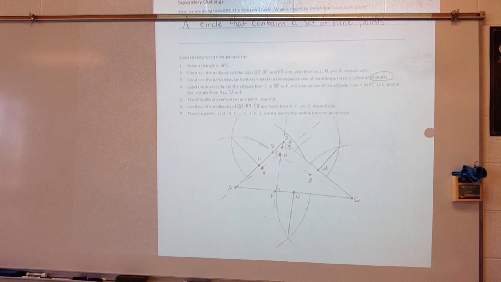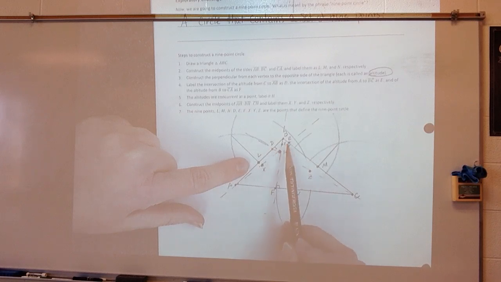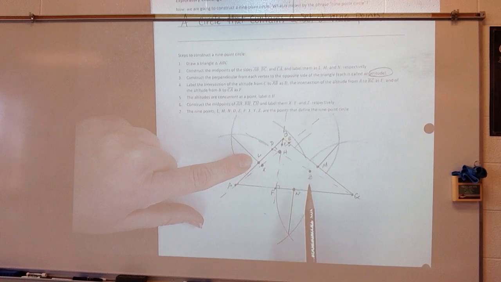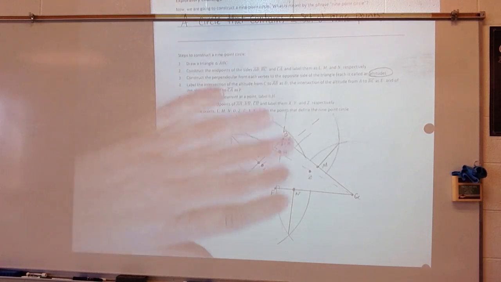So it says the 9 points L, M, N, D, E, F, X, Y, Z are the points that define the 9-point circle.